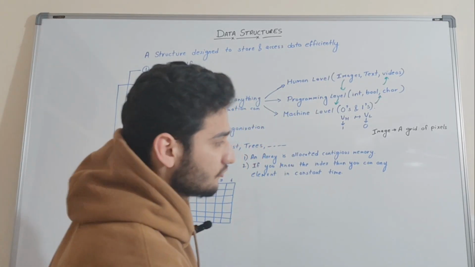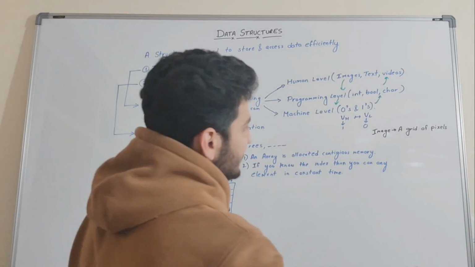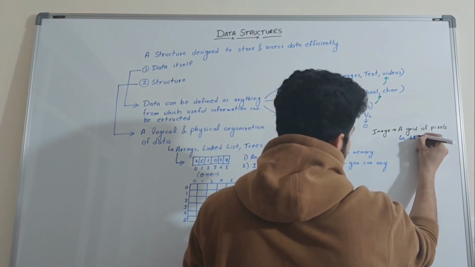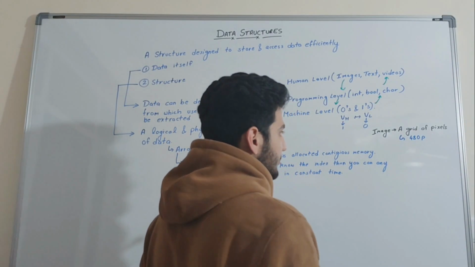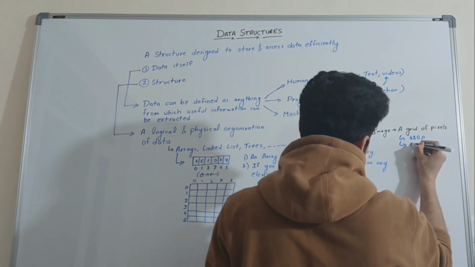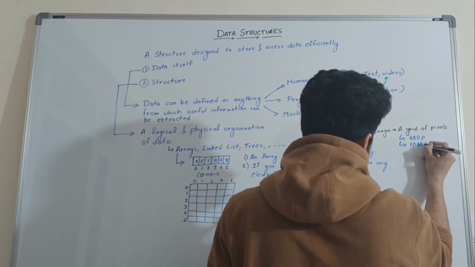So for example, when you are watching this YouTube video, you can select the video quality. You can select it to be 480p, 720p, or 1080p. What is p? Pixels.